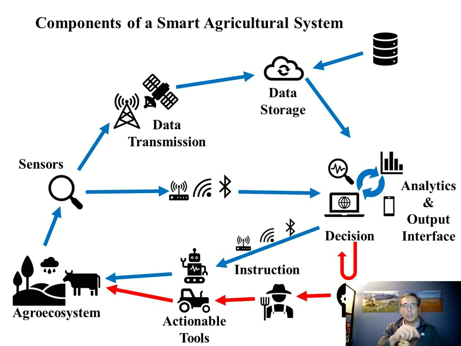If you are in really advanced smart technology systems, those decisions will result in automated instructions that will send a robot out to actually act on the management unit that you were measuring in the first place. An example might be a moisture sensor in the field determining that the soil is too dry. It is sending that data to an interpretation system that then tells the irrigation system to go out and start watering.